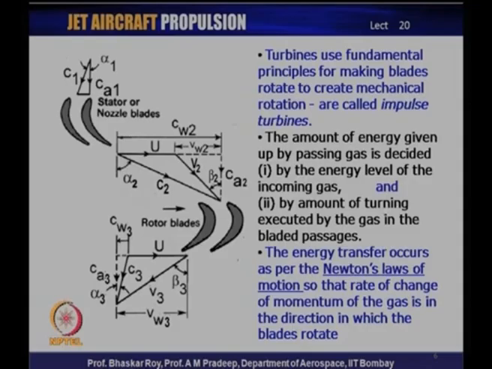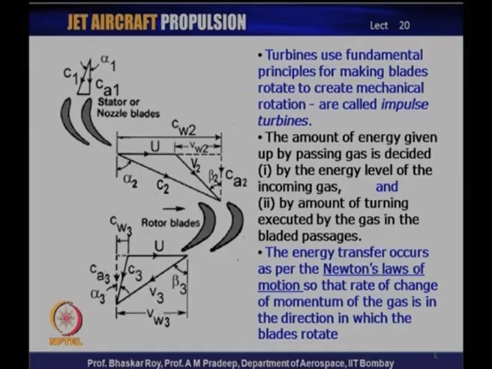That means the flow is simply taking a turn through these rotors, and as a result of this turning, as per Newton's laws, it imparts a certain amount of energy from the gas onto the rotor, which we saw is free to rotate, and this free to rotate blade then takes away the energy from the passing gas and converts this energy to mechanical rotating work. This kind of turbine is simply referred to as an impulse turbine.